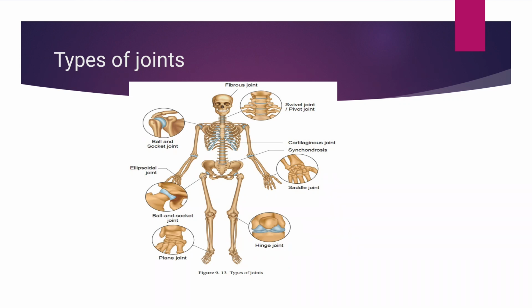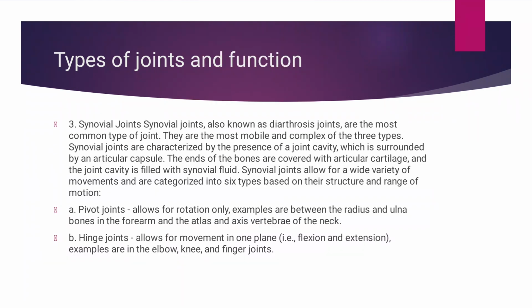These are the types of joints: ball and socket joint, ellipsoidal joint, plane joint, hinge joint, saddle joint, fibrous joint, pivot joint. Then the next type is synovial joint. It is also known as diarthrosis joint. It provides higher mobility and is complex.